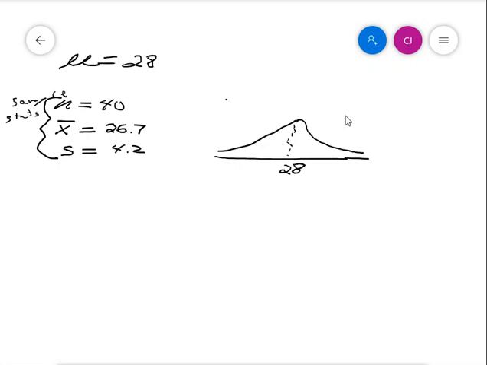Hypothesis testing is a conservative approach where we assume up front, for now, that this is true. We're going to assume it's true. And then we ask, how likely is it that if this 28 were true, this would have occurred?